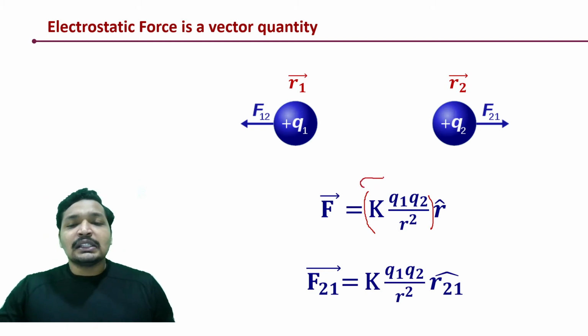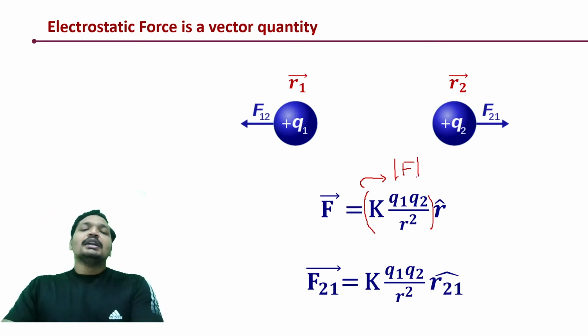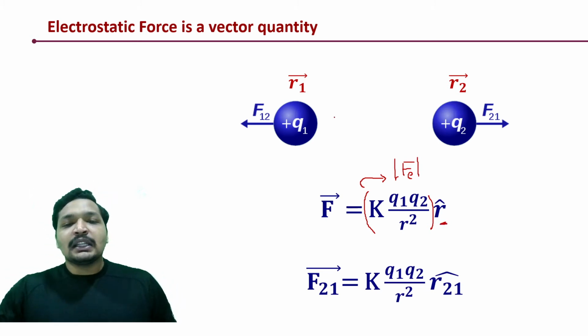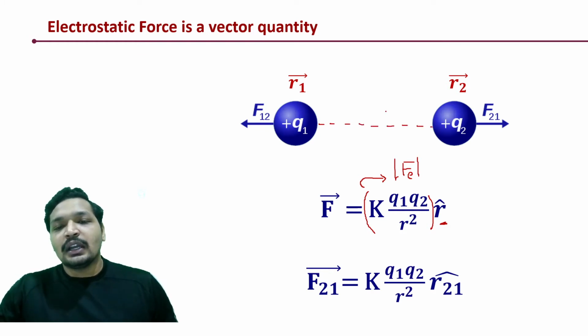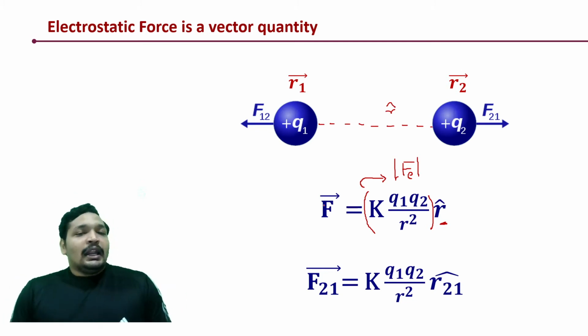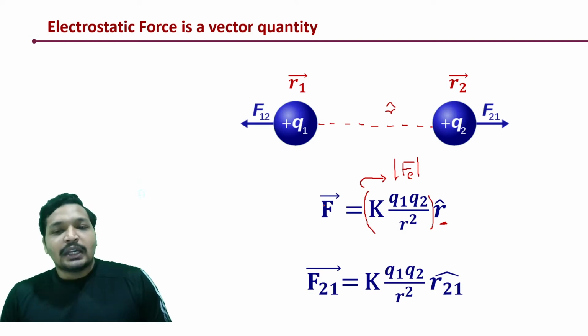This is the magnitude of the electrostatic force, and you multiply it with this r cap, which is nothing but the unit vector along the line joining the charges. That comes out to be your electrostatic force, a vector quantity.